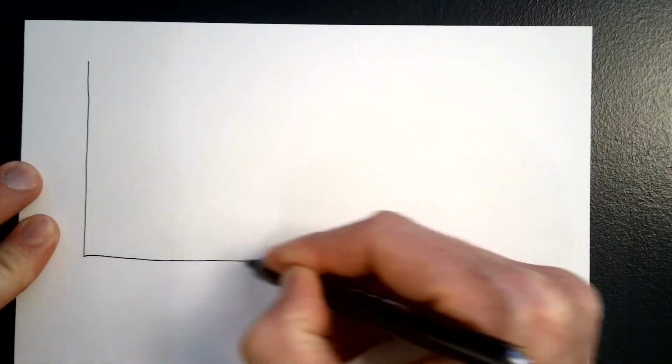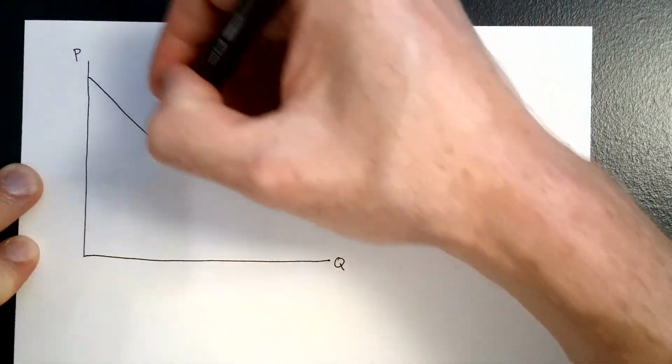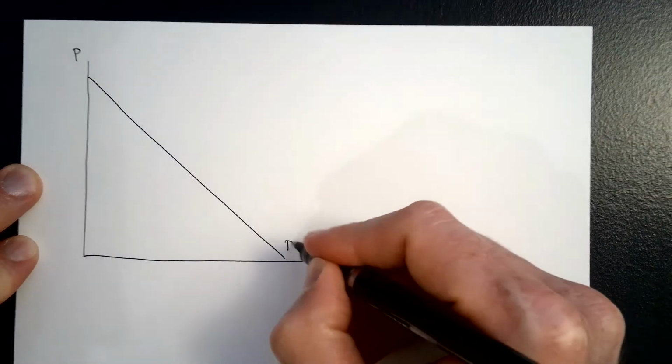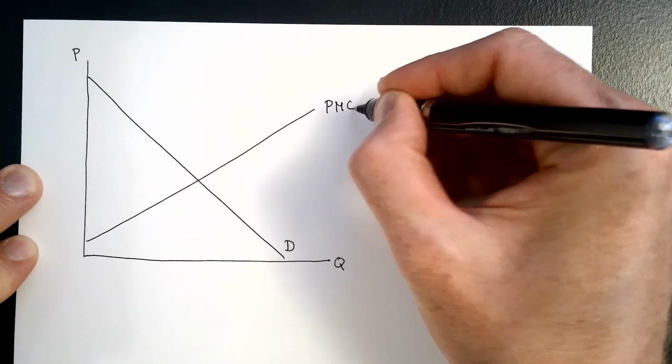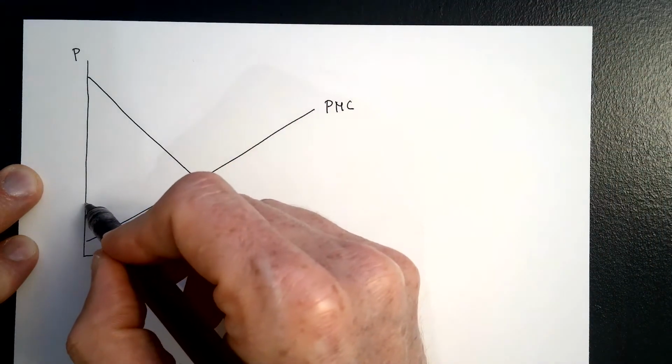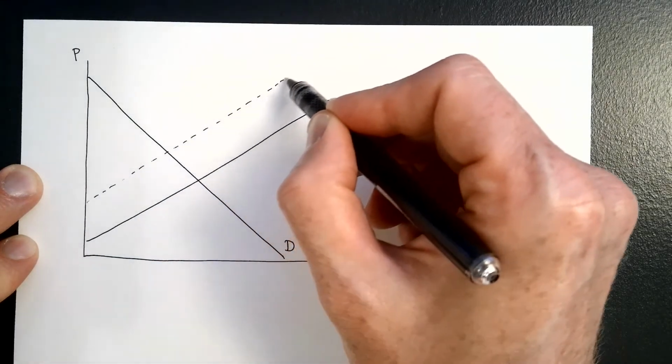Okay, so let me draw a third graph here, where again we have a graph with price on the vertical axis and Q on the horizontal axis. We have the demand. We have the private marginal cost. And we also have the social marginal cost, and let me just draw this as a dashed line for the moment.